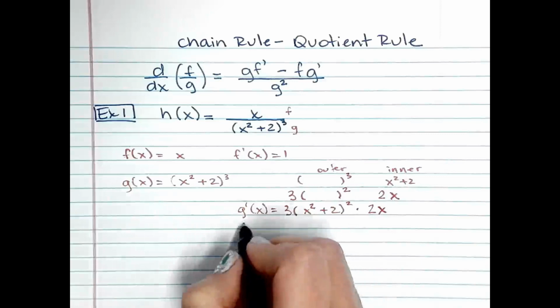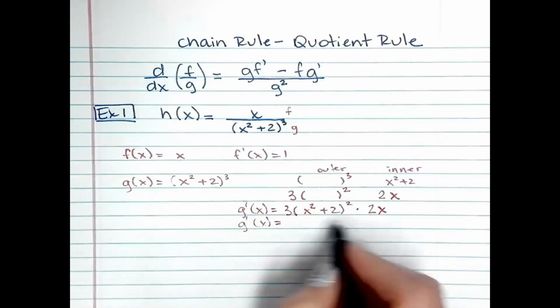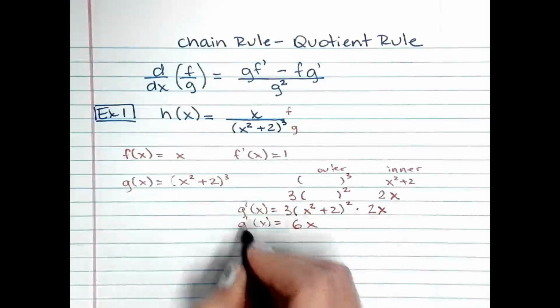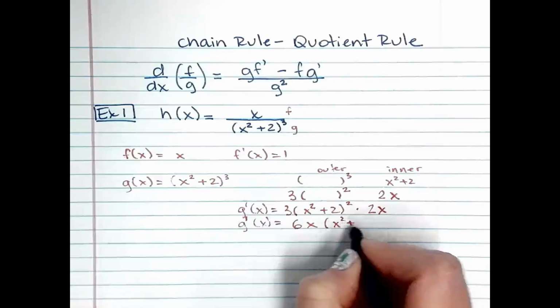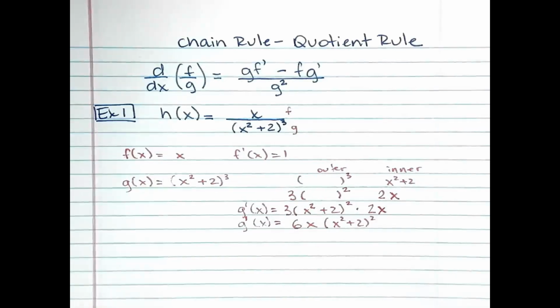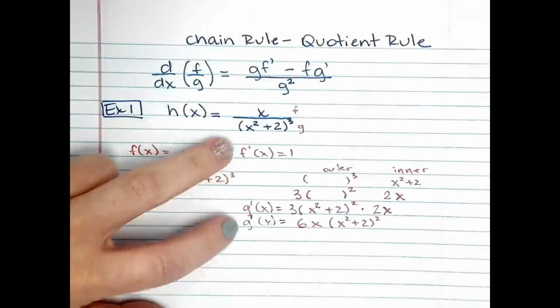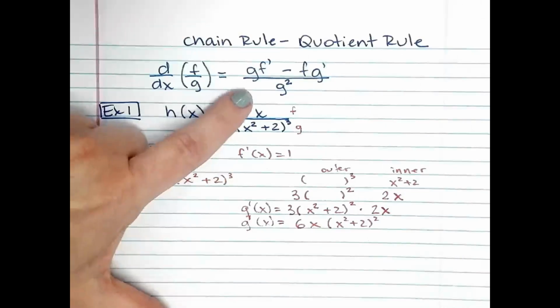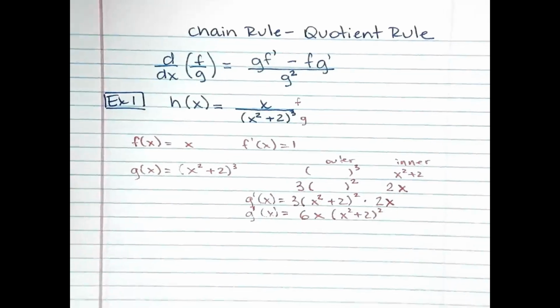Now you multiply those. That will give you that the derivative of function g is 6x times x squared plus 2 squared. Okay, now that we have both functions f and g and both derivatives, I'm ready to go back and finally find the derivative of function h right there.